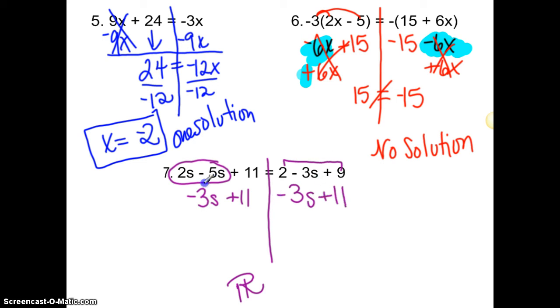Do you notice something? Exactly the same. The -3s is the same, and the 11, they're both plus 11. That means no matter what I put in for s, it will work. So that's your double bar R for all reals. Any number you put in here is going to work.